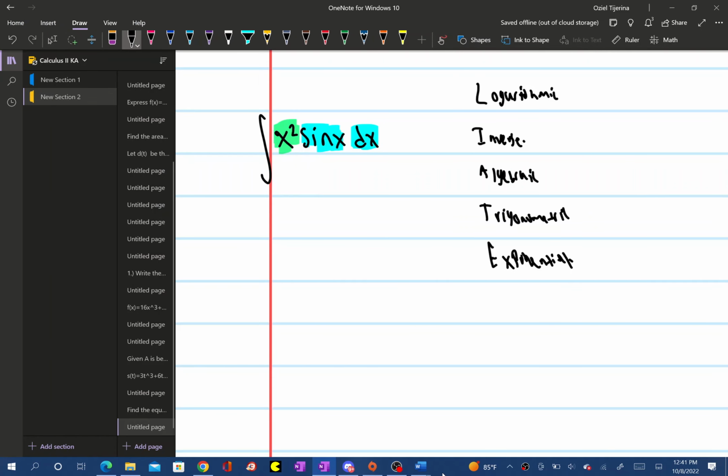The dx is supposed to be along with the x squared term.